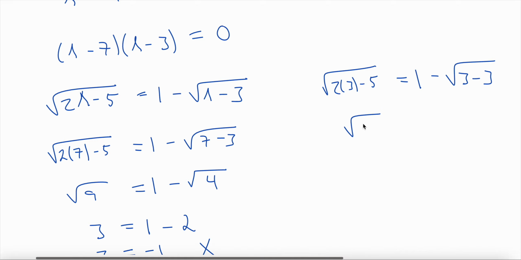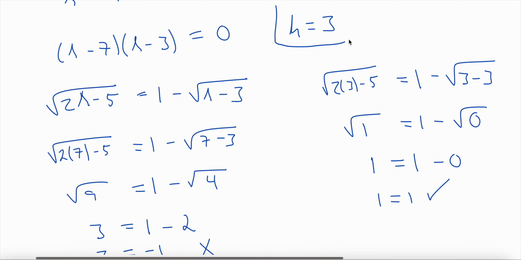That's going to give us 1. So the square root of 1 equals 1 minus the square root of 0. And that's going to be 1 equals 1 minus 0. 1 equals 1. Check. All right, so out of those two possible solutions, 7 and 3, our solution here is just going to be that h equals 3.